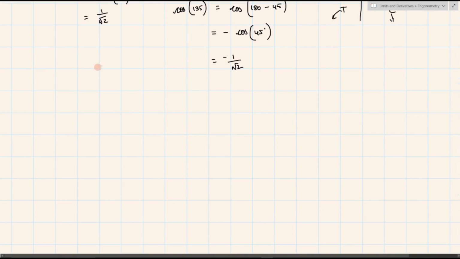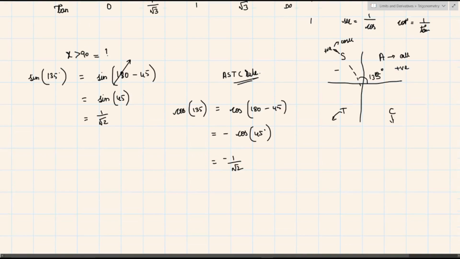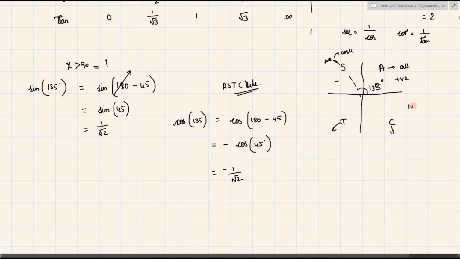And also, since cos is positive in the fourth quadrant, we can write cos of minus x is equal to cos x, if x is less than 90 and greater than 0.